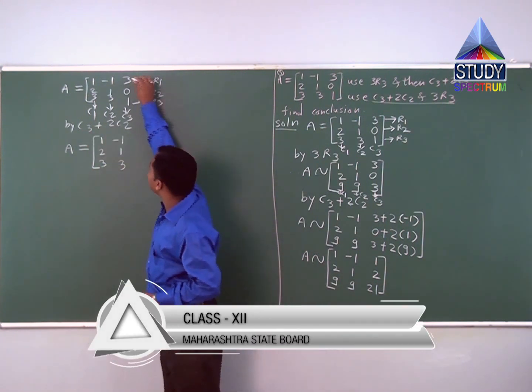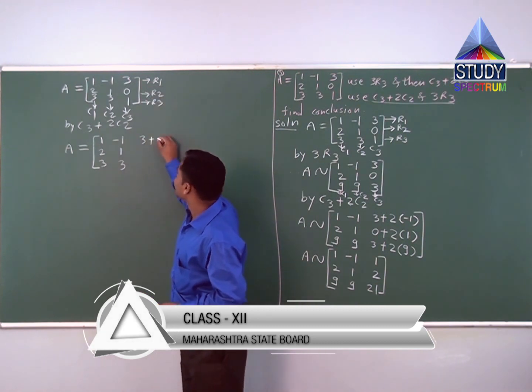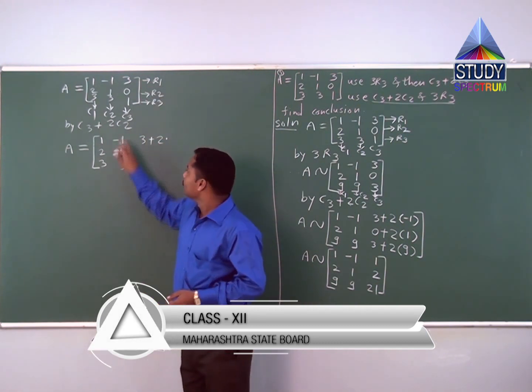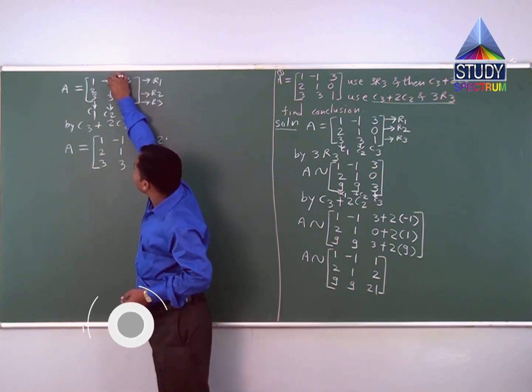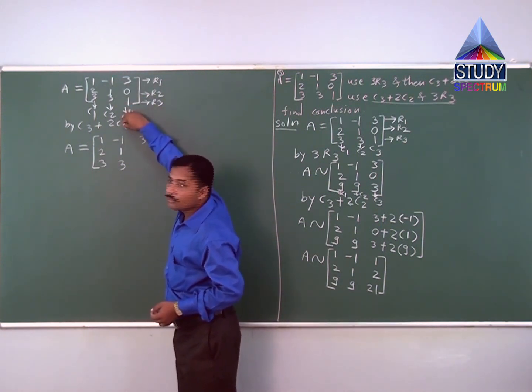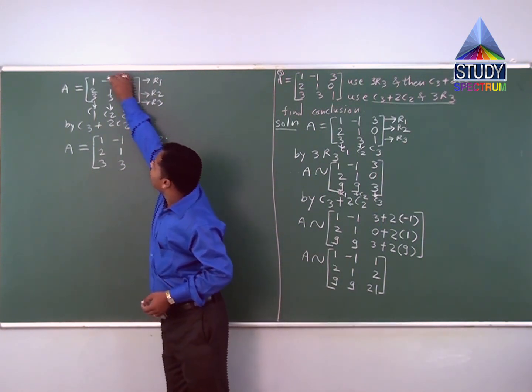So C3 is 3 plus 2 into the corresponding number of column C2, so minus 1.